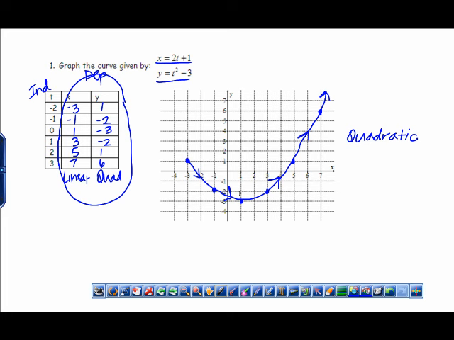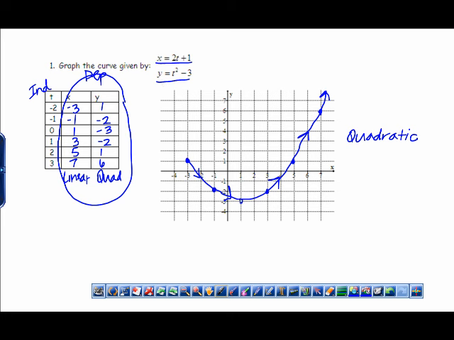You could always use quadratic regression, okay? And you only want to use that if you know the data is quadratic, but I can see that it is here, mostly because of the symmetry, but also because the y component here was definitely quadratic. Okay, so you could have used quadratic regression here to write this equation.